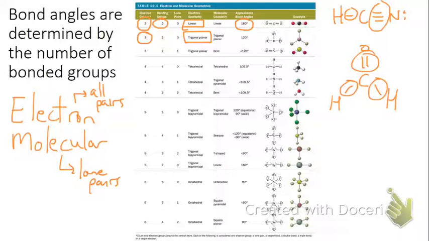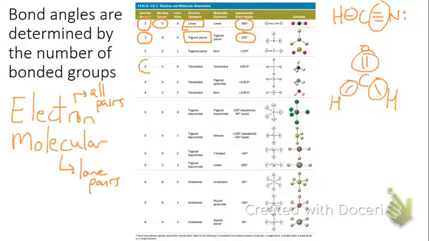We'll see these in 3 dimensions when we get to class. We'll do a little demonstration, because now we're starting to take what we did in 2 dimensions and put it into 3 dimensions. I'll explain why later on. The bond angle for trigonal planar is 120 degrees.